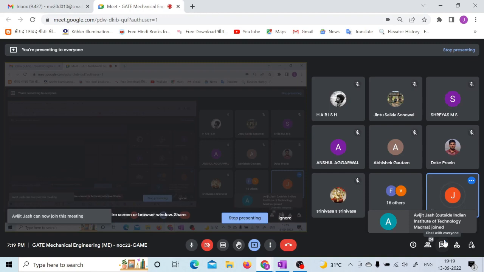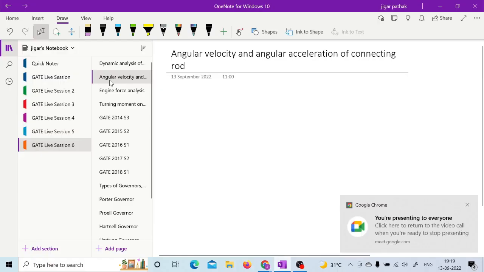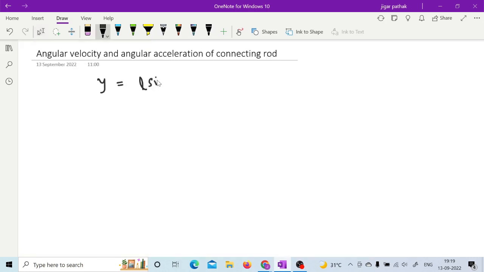So here what you can do is write that this y can be written as L sine beta as well as R sine theta.